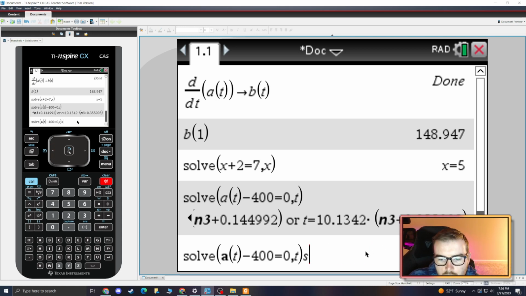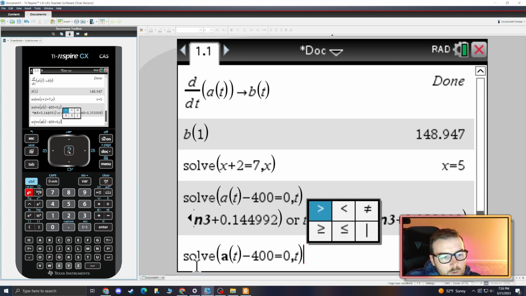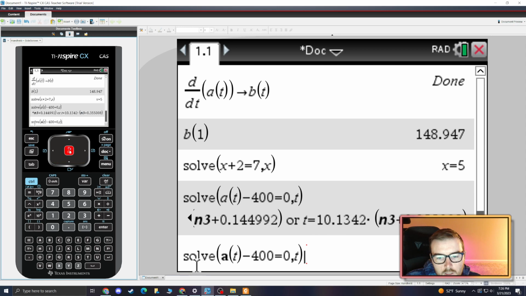You got it? So, how do we restrict our answer? Well, I had to Google this myself. If you see the equal sign over here on the left, if you hit Control and the equal sign, it brings up that menu. We want this one, the vertical bar. And then after the vertical bar, you type the bounds. And what's our bounds? Between 0 and 4.